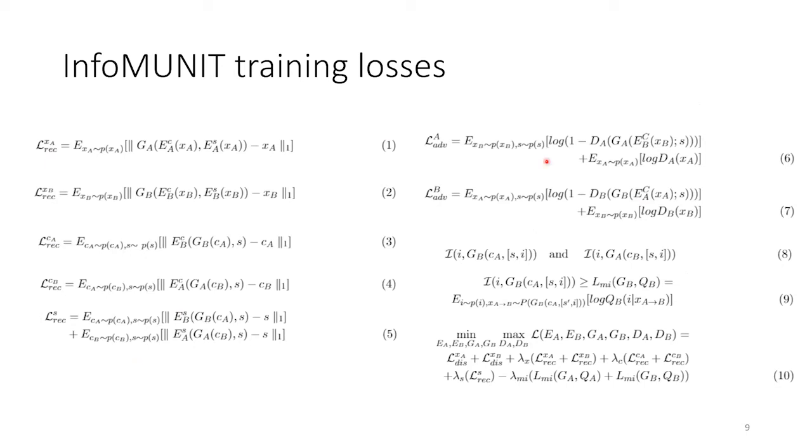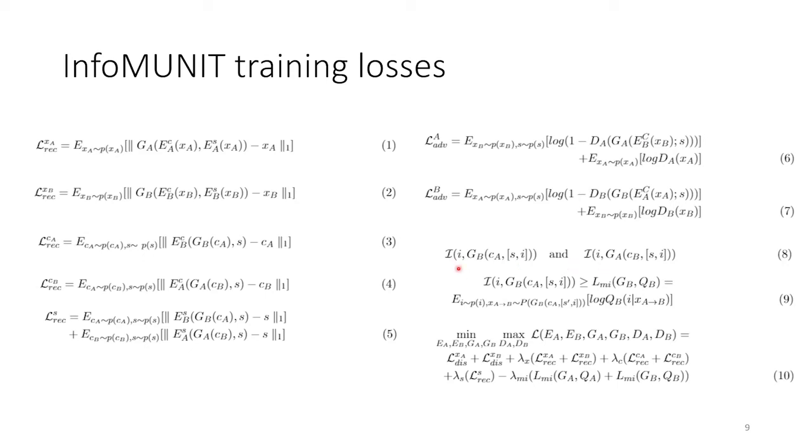Besides that, we have the adversarial loss, which helps to improve the quality of the generated images, in equations 6 and 7. And then what we take from InfoGAN is the mutual information.